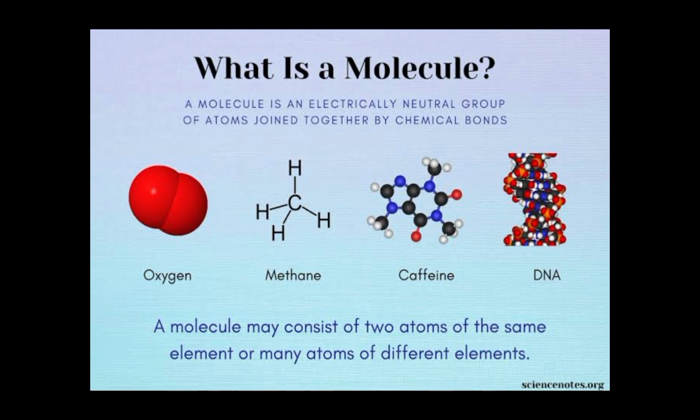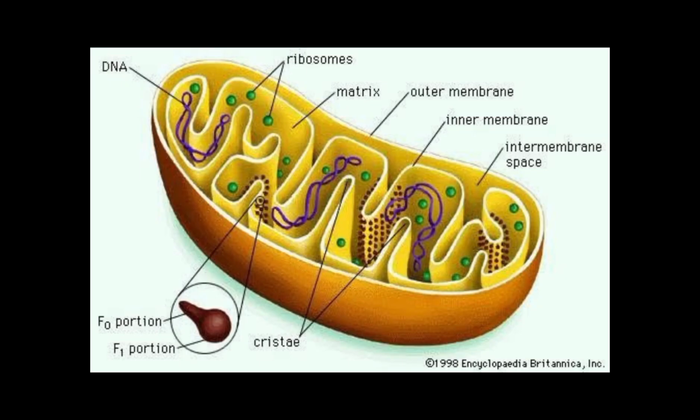Then the molecules are organized into various structures, including organelles. Organelles are the metabolic units within a cell that perform a specific function necessary to the life of the cell. Examples include mitochondria, the powerhouses that furnish the cell's energy, and the cell's nucleus.